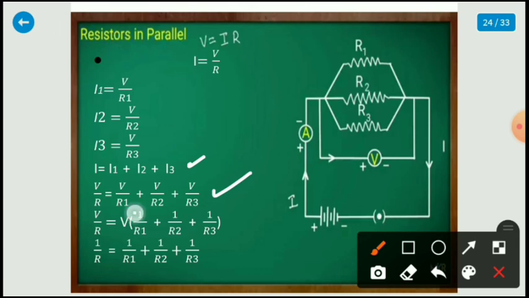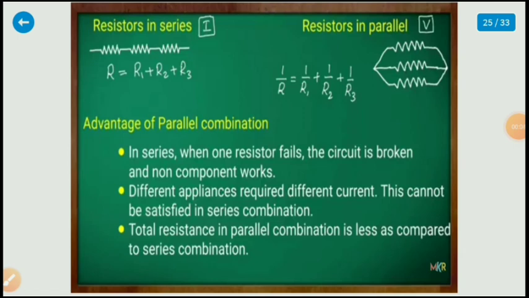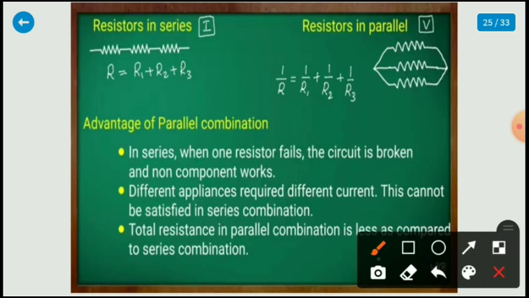As V and V get cancelled, we get 1 by R is equal to 1 by R1 plus 1 by R2 plus 1 by R3, that is the total resistance. So in the resistor in series I is constant, and in the resistor in parallel V is constant. R is equal to R1 plus R2 plus R3 in series, and in parallel 1 by R is equal to 1 by R1 plus 1 by R2 plus 1 by R3.